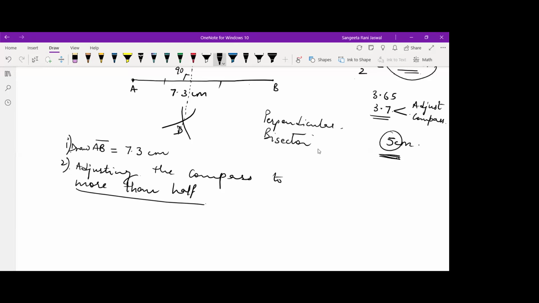Adjusting the compass to more than half and keeping center at A, mark arcs above and below the line. Okay.